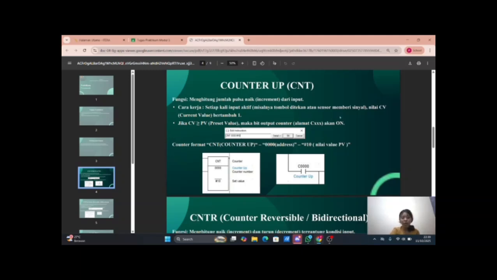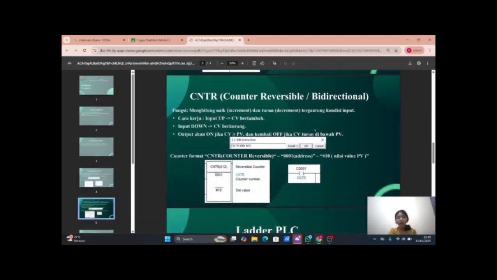On the other hand, the CNTR or reversible counter is a bidirectional counter capable of both increasing and decreasing its count depending on which input signal is triggered.